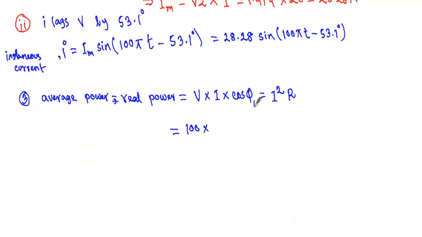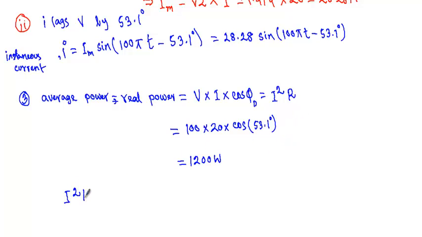So 100 into 20 into cosine 53.1 degree will be equal to 1200 watt.